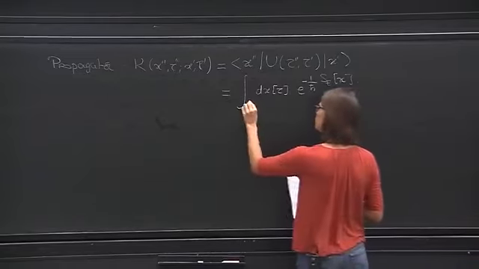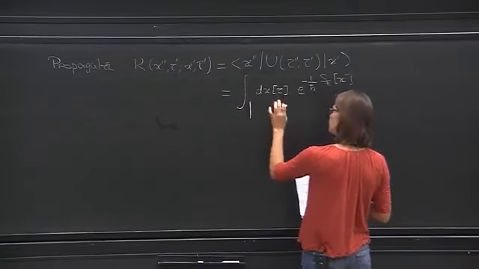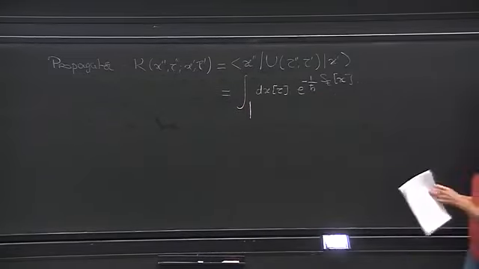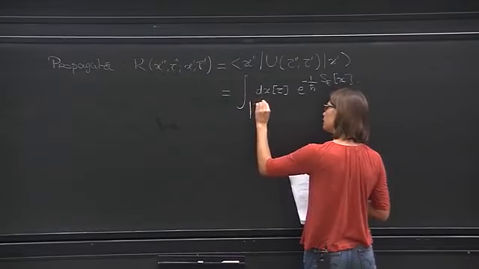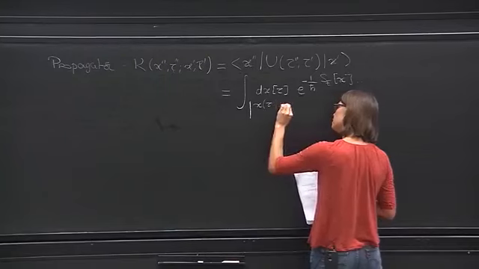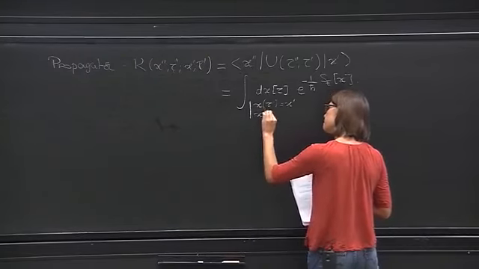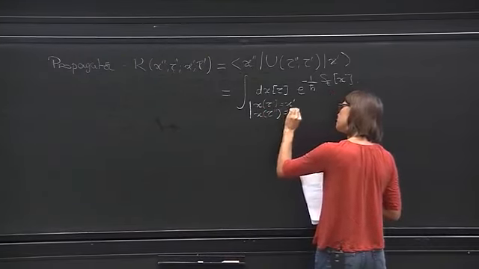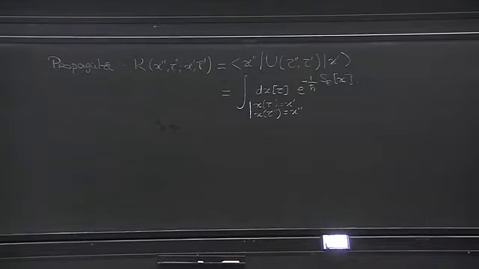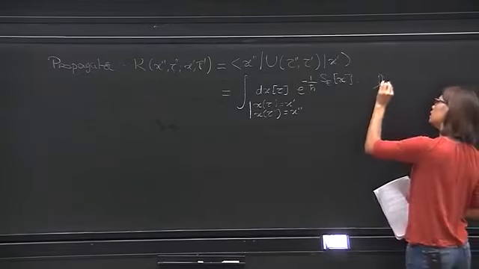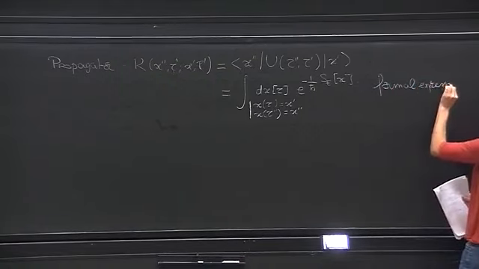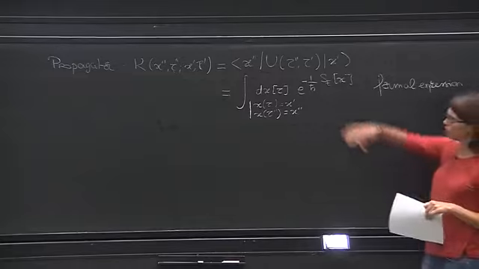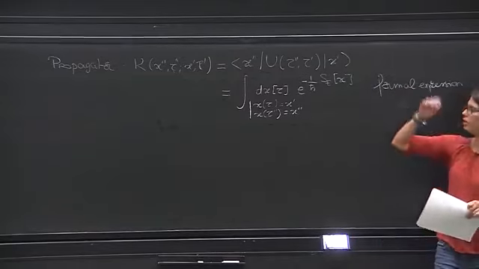The path integral is over all paths satisfying the boundary condition, meaning that x of tau prime has to be x prime. So this is a formal expression, and usually to do an explicit calculation, you go back to the definition in terms of the limit, okay?